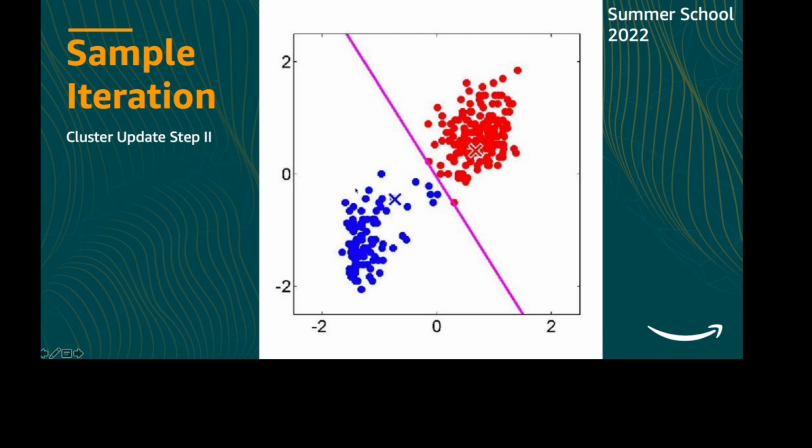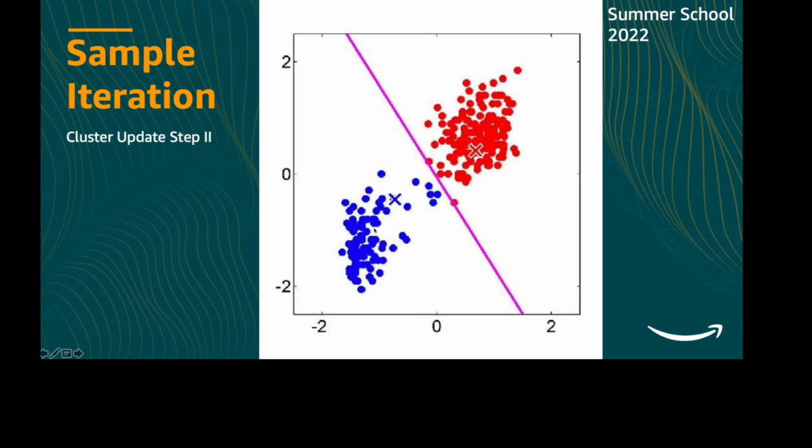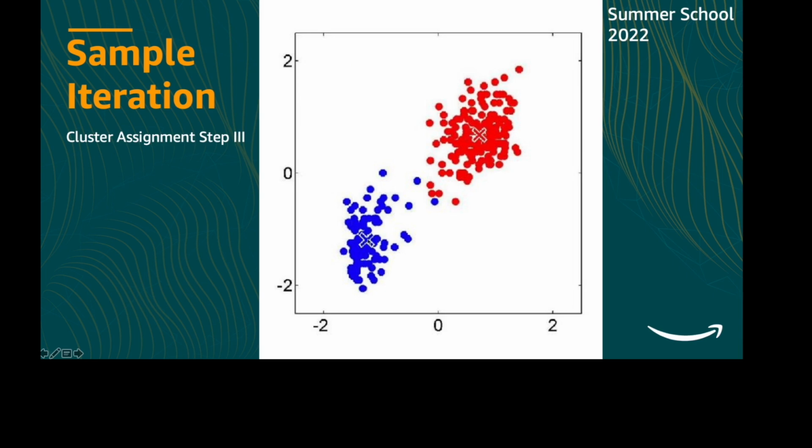This is the cluster update step for the second time. And if you see now, this is the updated center of the blue cluster, this is the updated center of the red cluster, and both are much better representatives of their respective clusters, right?